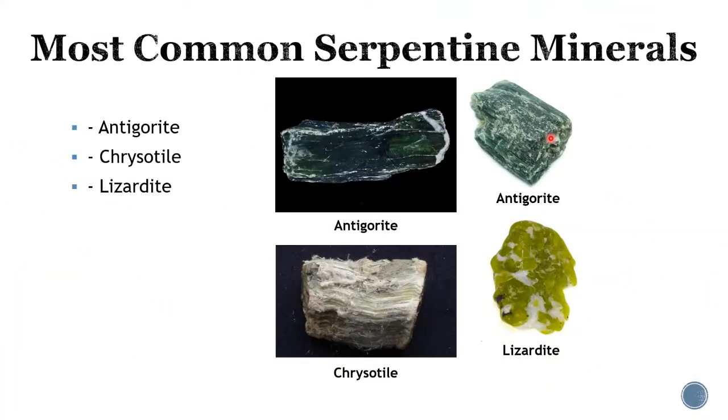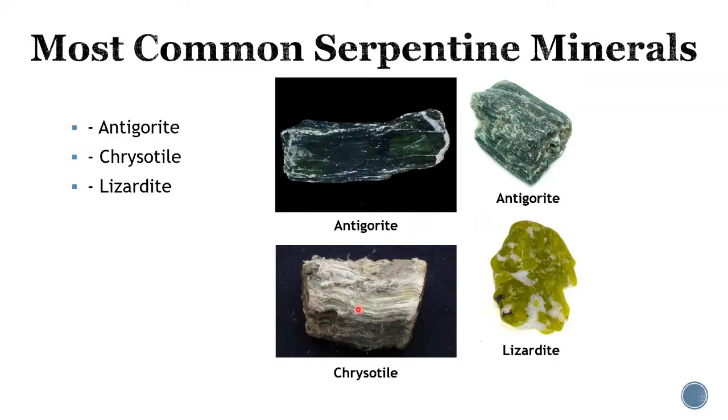Here come the colorful pictures of the common serpentine minerals. These are beautiful green-colored minerals. There are many serpentine minerals, but these three are the common ones: antigorite, chrysotile, and lizardite. So this is antigorite, which is in crystal form here, and then antigorite here in amorphous form.